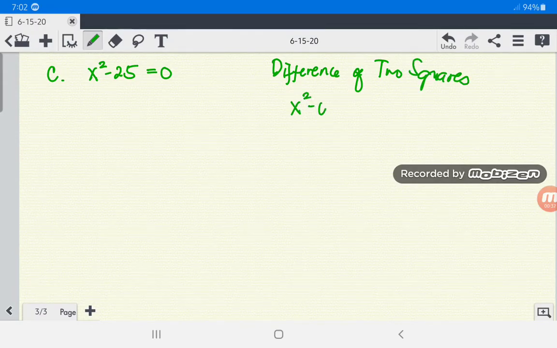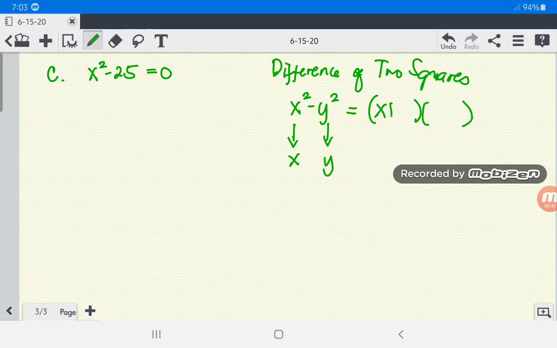Wherein, if we have x squared minus y squared, what you are going to do is get the square root of the first term, x, and the square root of the last term, y. Then the factors are x plus y and x minus y. So you will just make two factors, wherein one is a sum and the other one is a difference.